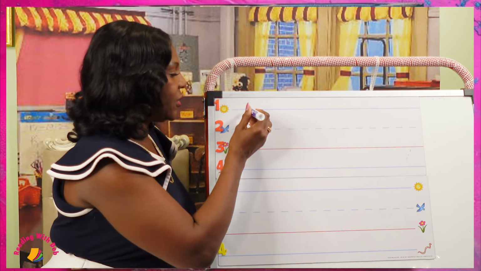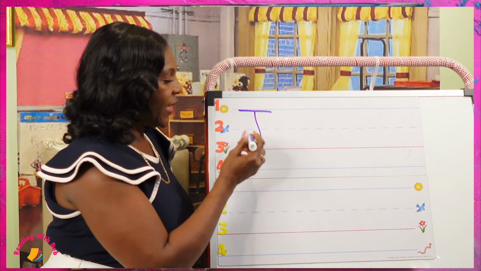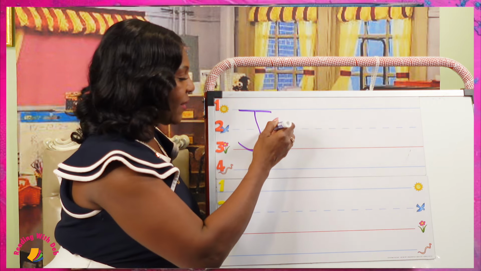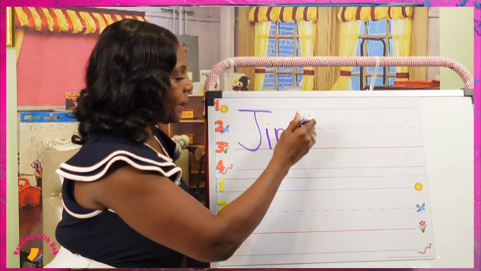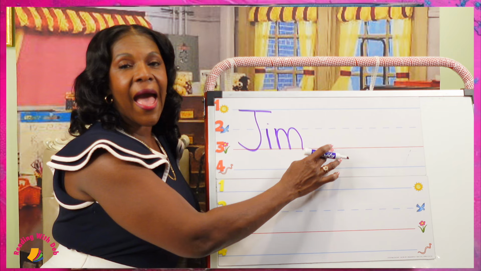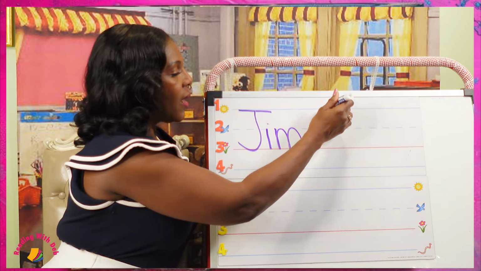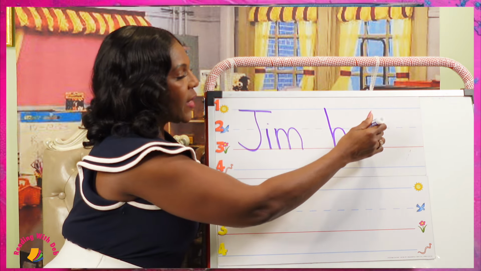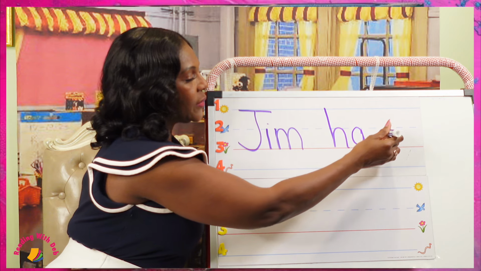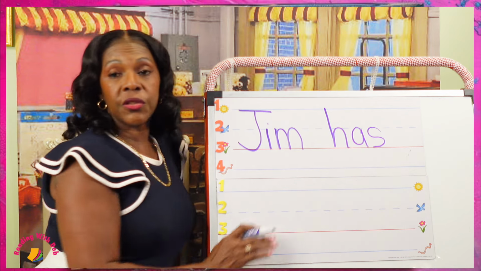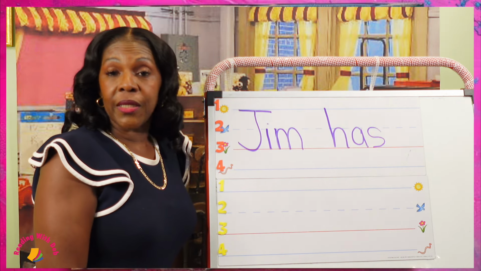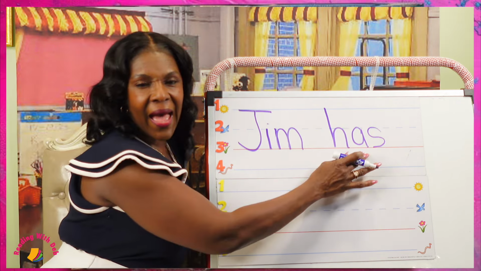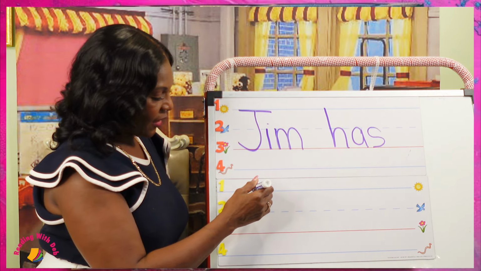Jim, J, that's the I. Jim, M. Jim has. And you know what? Has is actually one of our words. So, we should be able to spell it quickly. Jim has his.